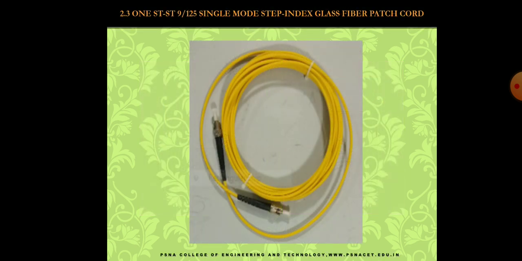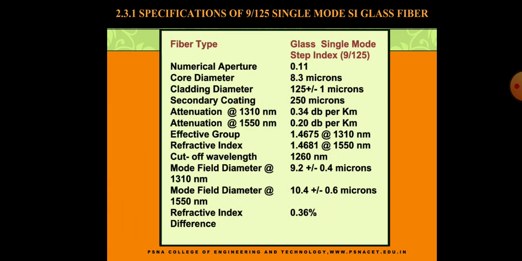The next section is the 9/125 single mode step index fiber patch cord. This is our single mode step index fiber, which is indicated by the color yellow. And this is the specification of the 9/125 single mode step index glass fiber.